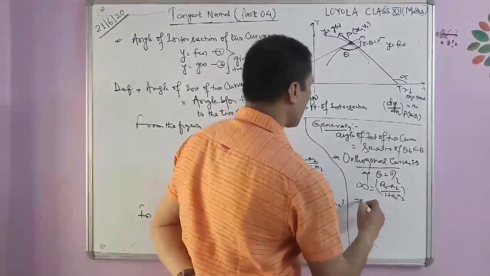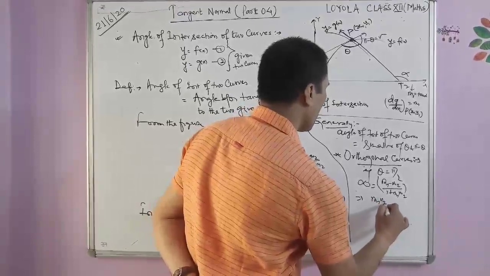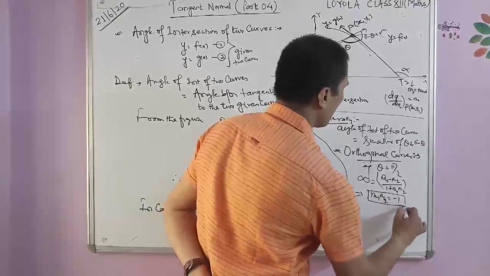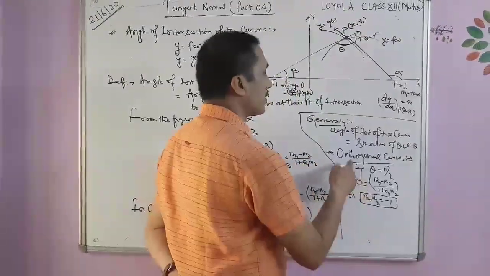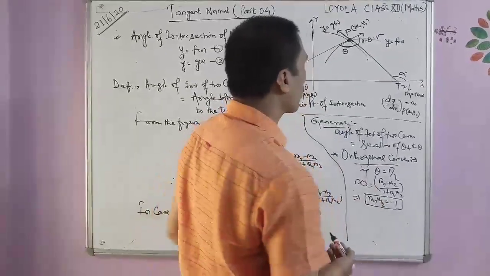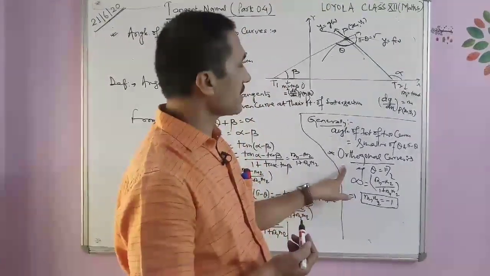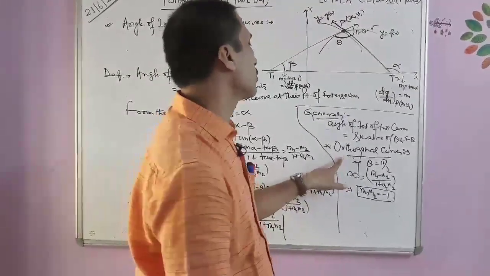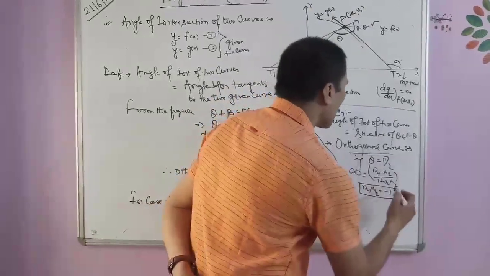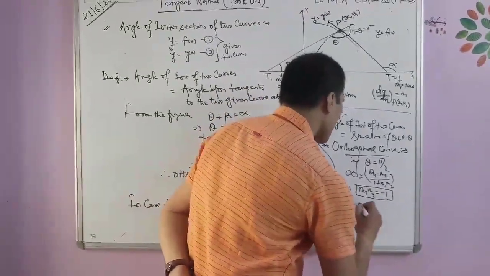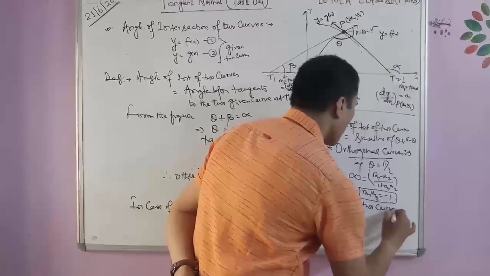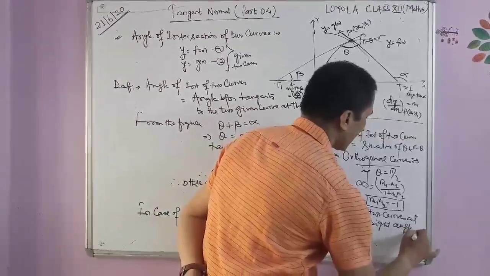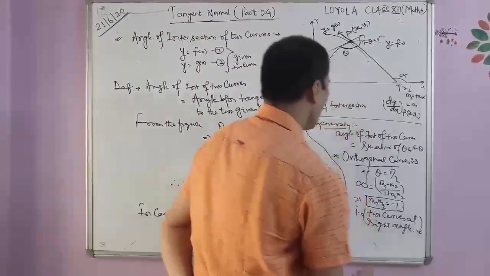Ratio equals infinite, this implies denominator equals 0, m1 m2 plus 1 equals 0, so m1 m2 equals minus 1. This is the condition of orthogonal curves. Orthogonal curves means if two curves intersect each other at right angle, then the curves are said to be orthogonal.